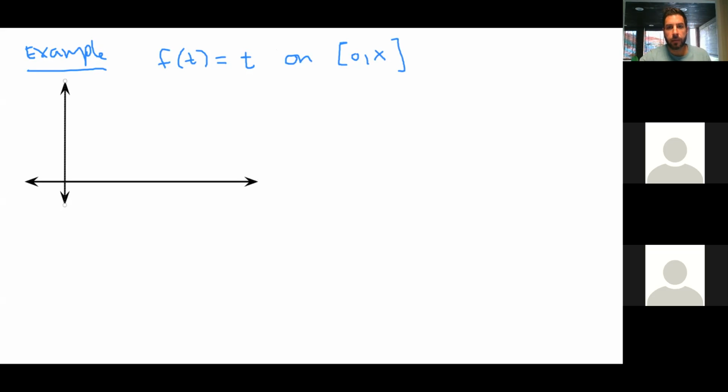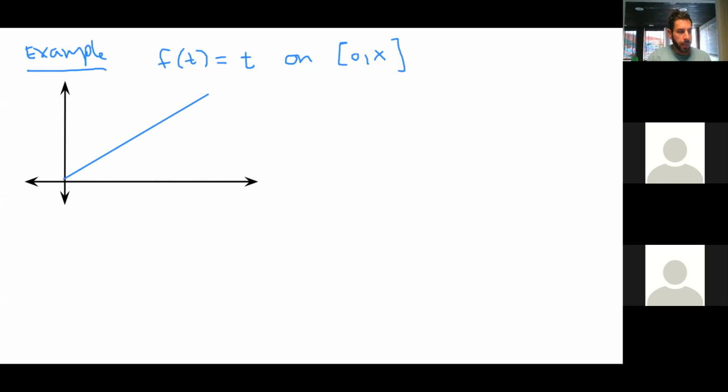So if I take my function and I graph it, this is what the graph looks like. So this is the line of slope 1.